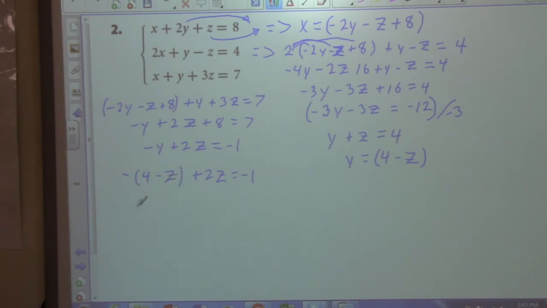And then so we have negative 4 plus z plus 2z equals negative 1, is that right?